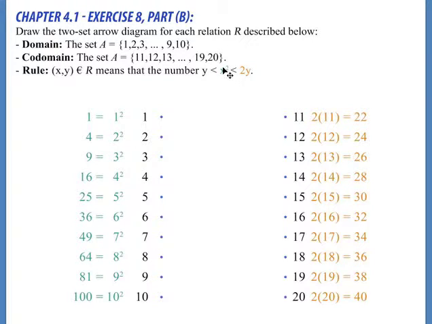So basically, in order for the domain to connect to the codomain, you're going to need a domain whose square would be greater than y, but less than 2y.